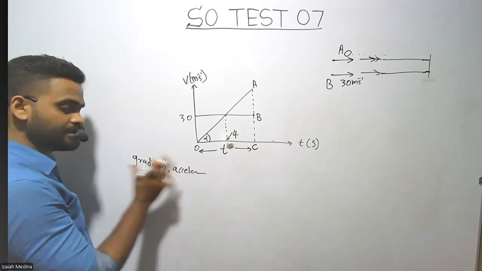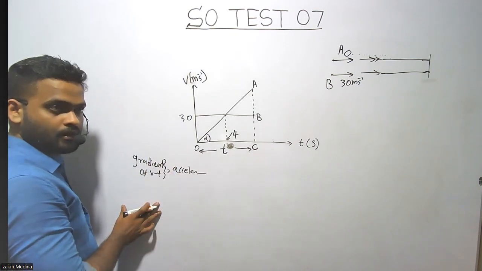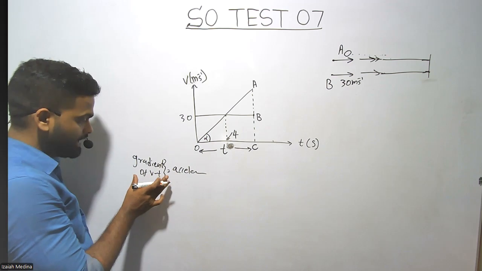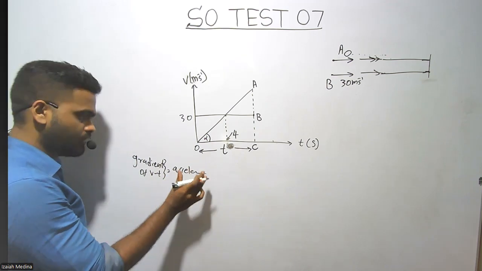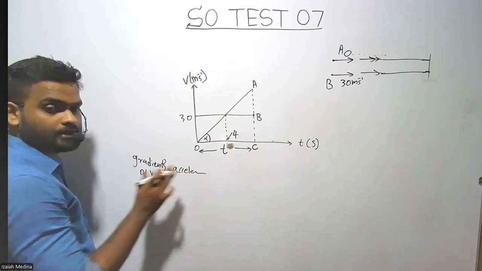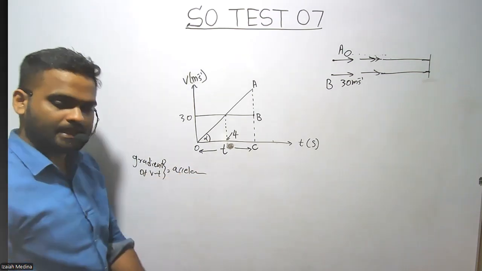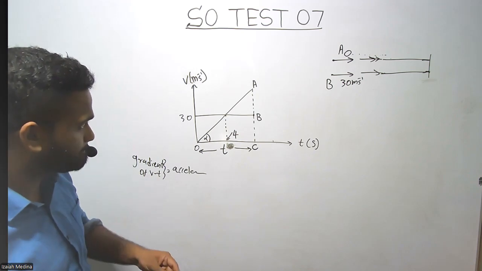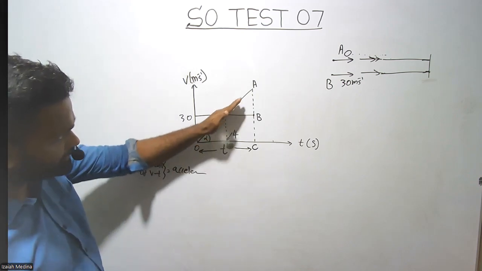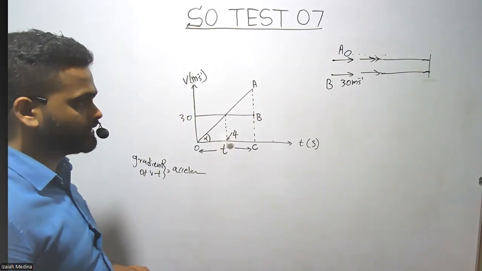This is the equation you have to remember when it comes to VT graphs. Very important equation, right? The gradient of a VT graph is always acceleration. So whatever happens to the gradient happens to the acceleration. Here you can see the gradient is constant. See that? It is linear. If you go along this line, it is constant because it is linear, right?